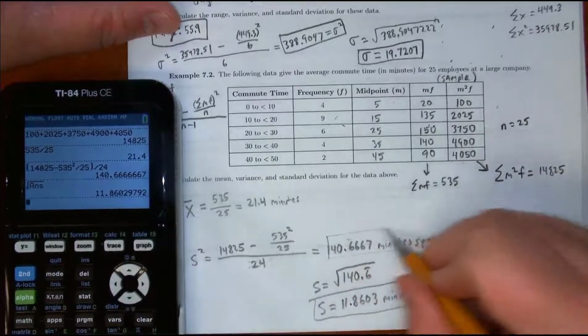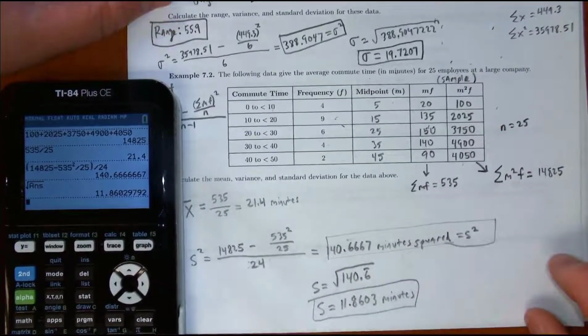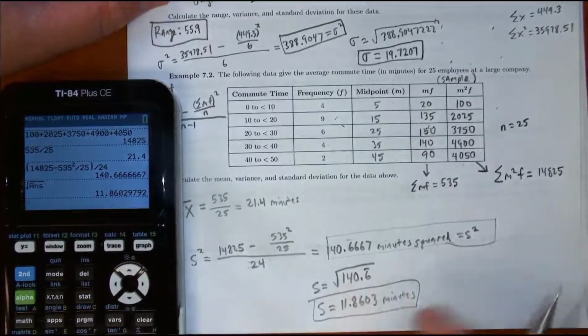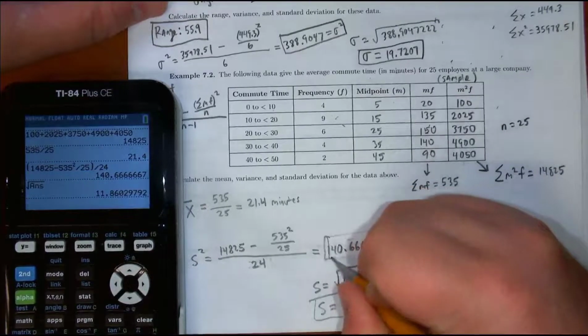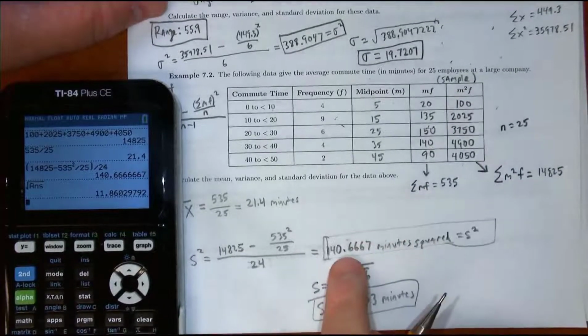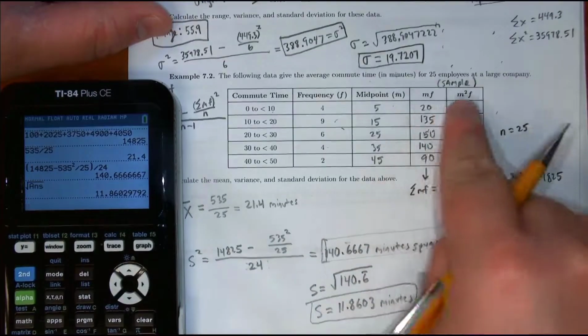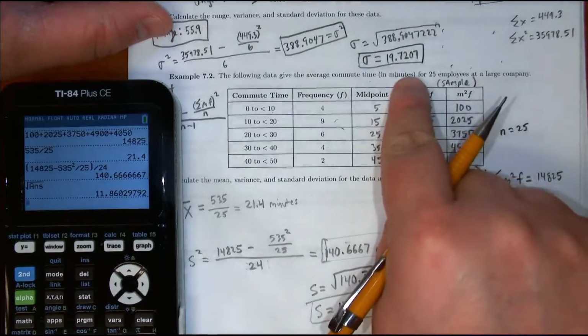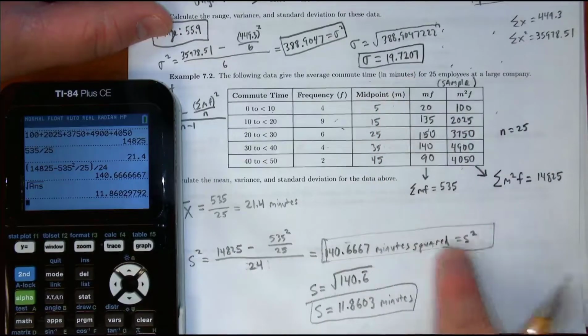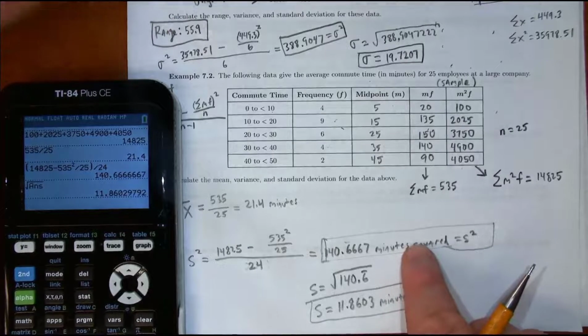But that is certainly the answer. But that's why we prefer standard deviation, because we have a practical interpretation of minutes matching up to the original units instead of minutes squared, whatever the heck that means.